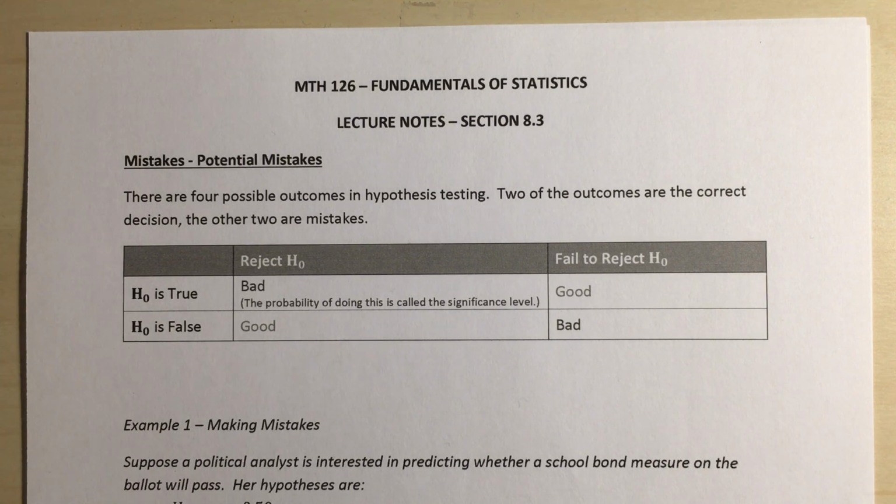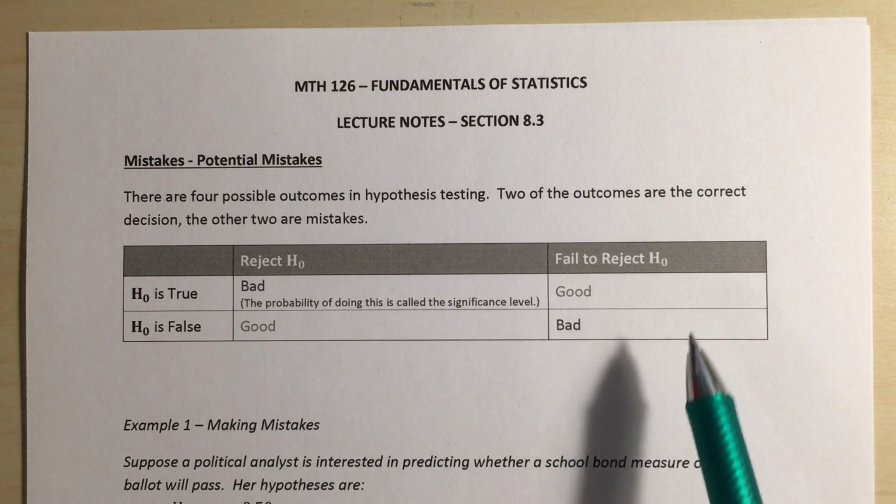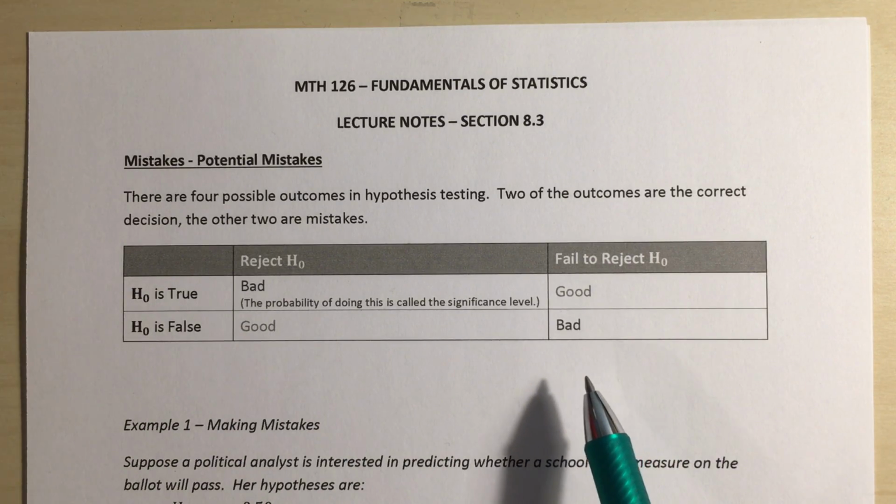So those are our good results. Our bad results in the courtroom would be finding somebody guilty when they're not, or not finding somebody guilty when they are. Those types of bad mistakes are similar to rejecting our null hypothesis when it is true, or failing to reject our null hypothesis when it is false.